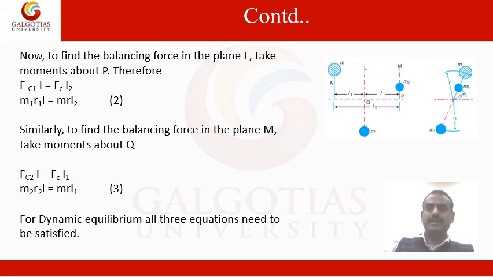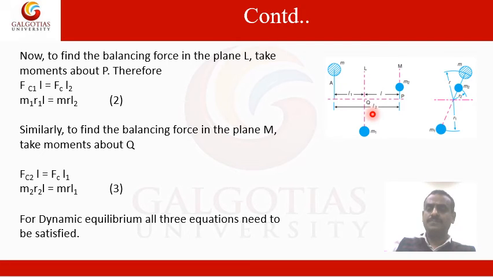Now to find the balancing force in plane L, take moment about point P. With respect to this point we take the moment of forces. One force is produced due to the disturbing mass, whose moment is Fc into L2.